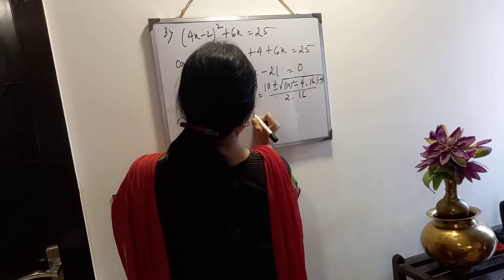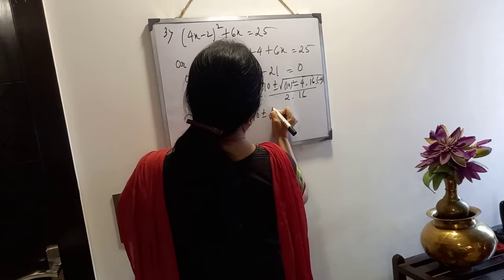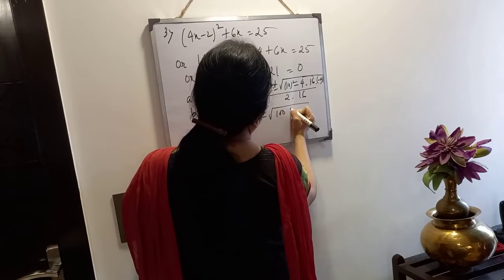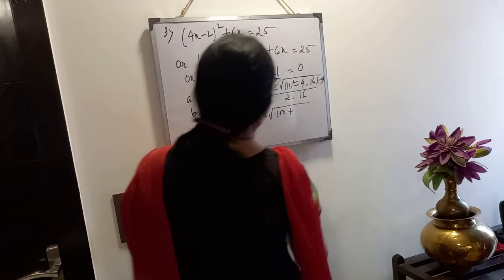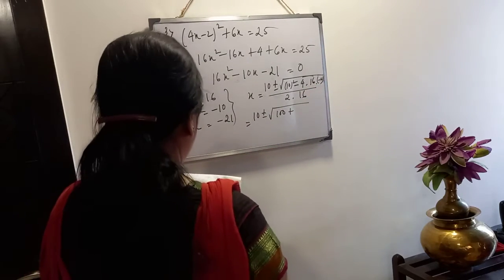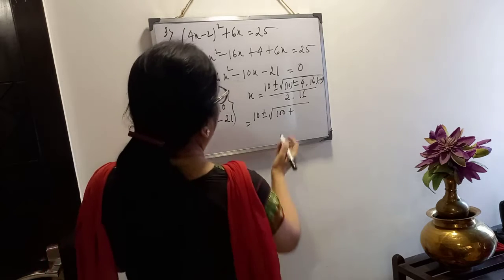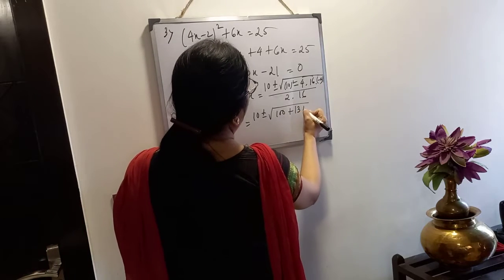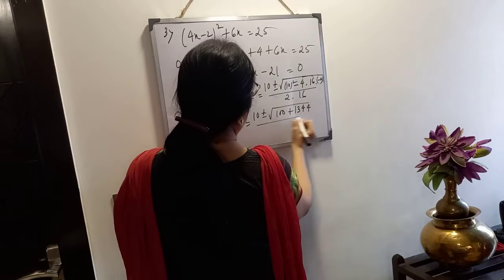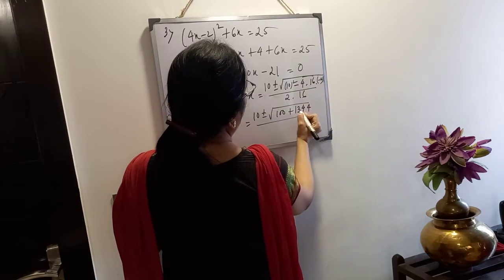A big calculation. Minus minus plus. Now 4, I have multiplied that. 4 into 16 into 21. After multiplication it is coming 1344.